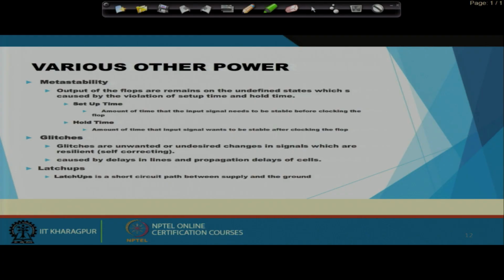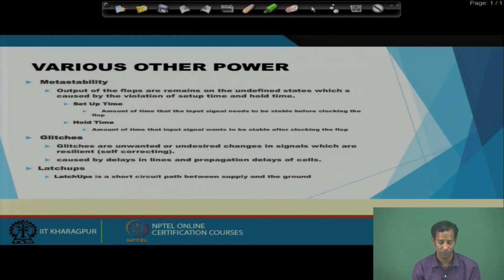That is why glitches also contribute to the overall power consumption of your circuit design. Then latch up is a short circuit path between the supply and the ground. These latch ups are what we consider as internal power, so if latch up happens, it will contribute to the internal power of your system design.